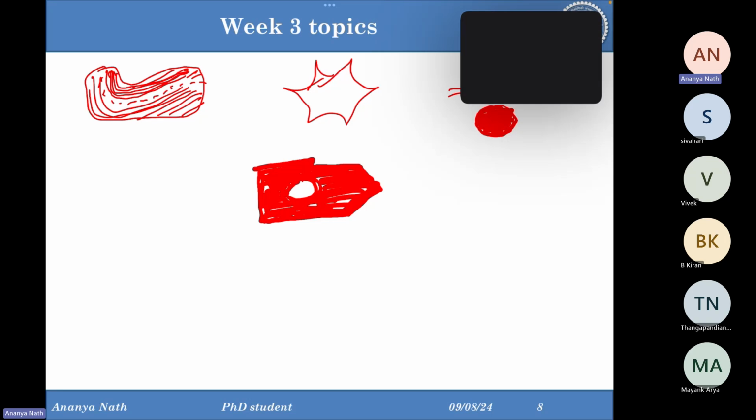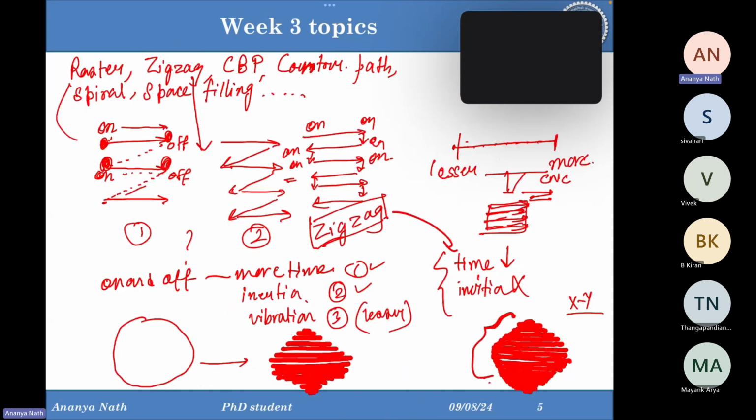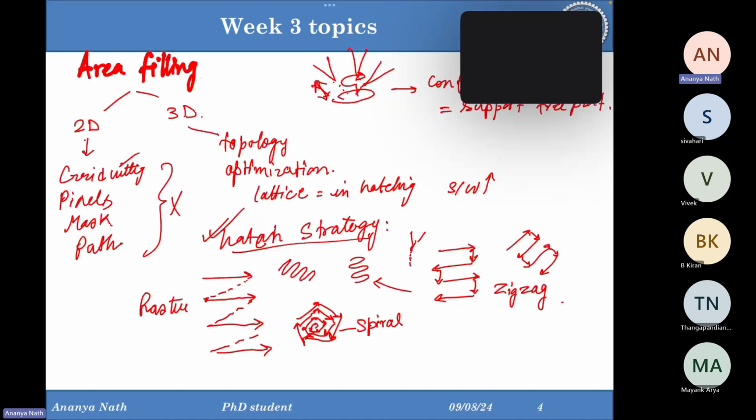These 2D scannings are basically the hatch strategies, and hatch strategies are useful in case of material extrusion, then powder bed fusion, then directed energy deposition. Why am I saying so? Because in 2D space filling, if you can remember, there was grid cutting.